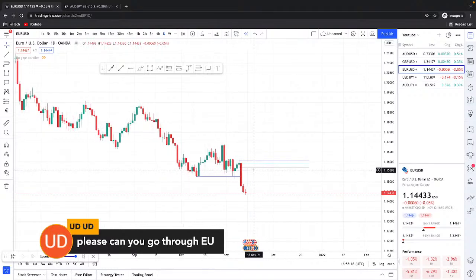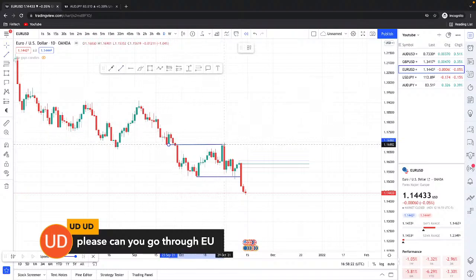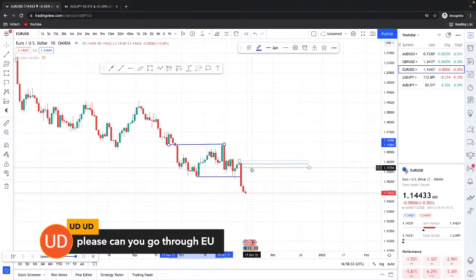This is more probable because we have mitigation here, which means we have order flow, and this is the highest probable trade. Even if you don't confirm, you can put the entry here at the 50% and stops above this if you are taking a risk entry.